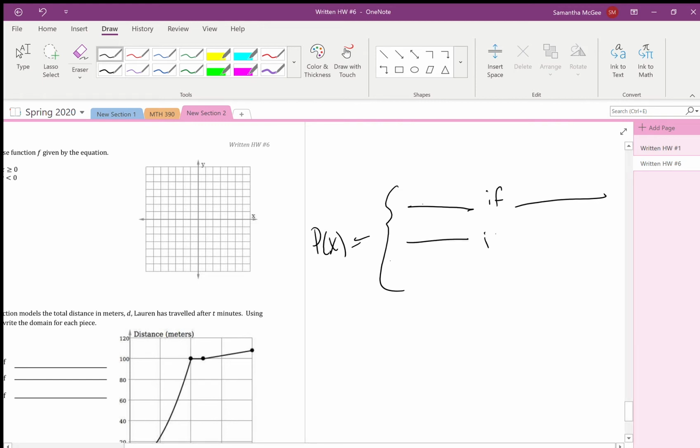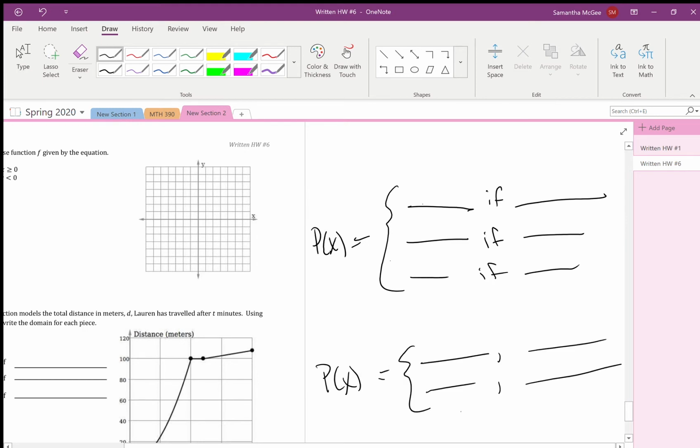And you're going to have however many of those there are. There's no limit, so to speak. We can have as many pieces as we'd like. Sometimes they might not write if. It might just be blank, comma, blank. But it's the same idea.